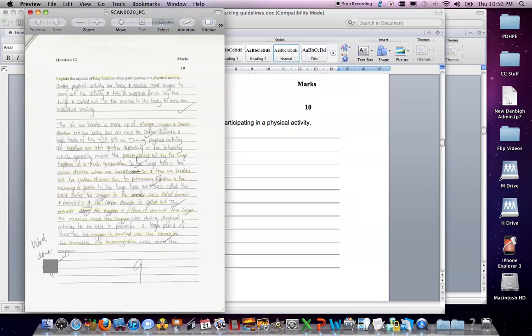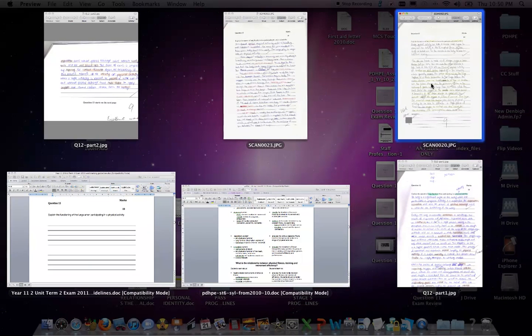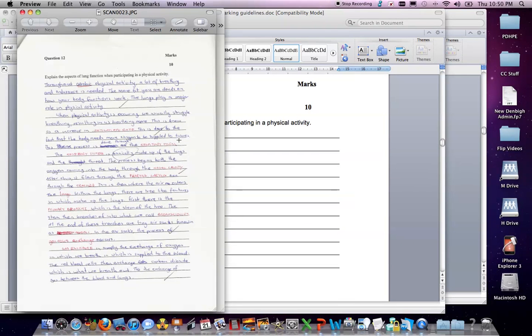So in this section here, they talk about the respiration of the lungs, that they breathe quicker, so the rate and the depth of the breath is increased. That's evident that they have an understanding of, and are showing, the relationship to the physical activity.